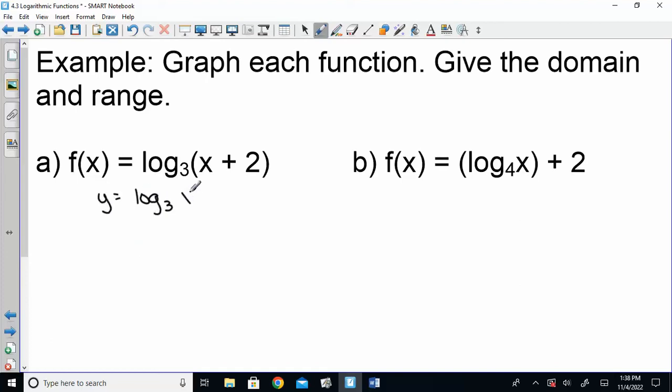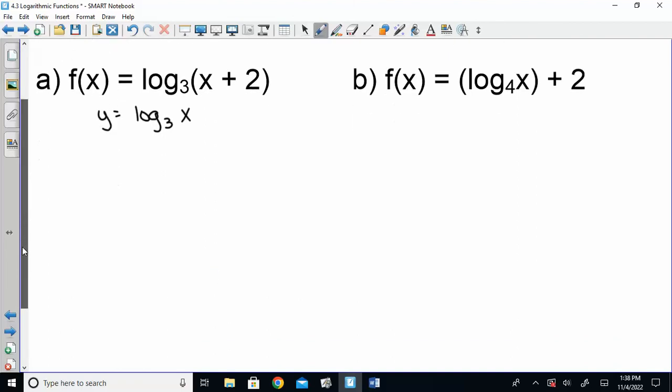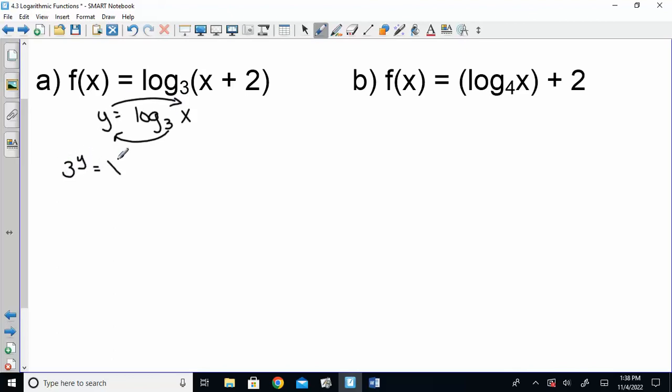log of x, so it would just be log base 3 of x. So in order to draw your graph, you have to change it to exponential. So it would be 3 to the y equals x.